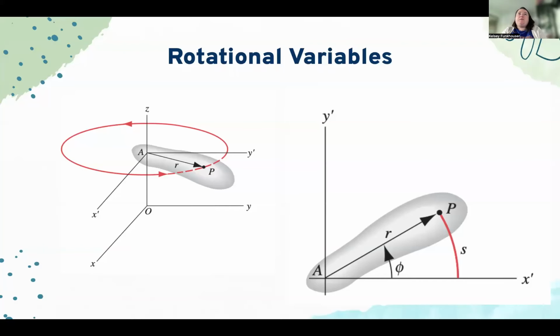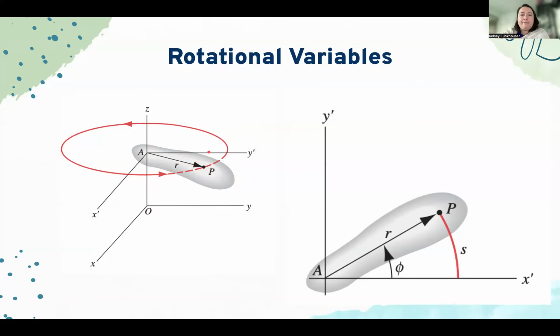Okay, so we're talking about rotational motion, and specifically we're going to define the rotational variables. So we have a situation of a 3D object rotating in the XY plane. That's what this is, our 3-dimensional object. And it's at a height along the z-axis, but it's only rotating in x and y.